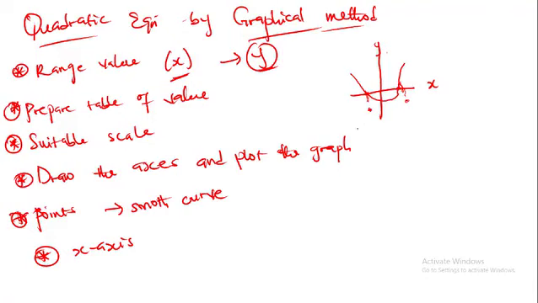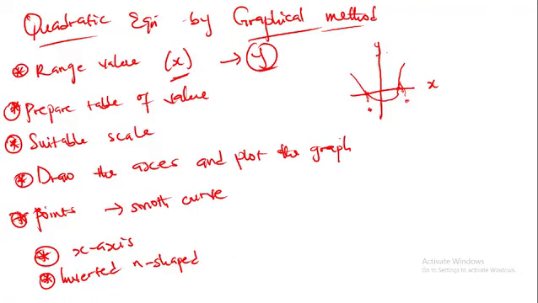Then I still want you to note that the curve we are talking about can be inverted U-shaped, something like this, and sometimes it can be V-shaped, something like this. So the shape differs.